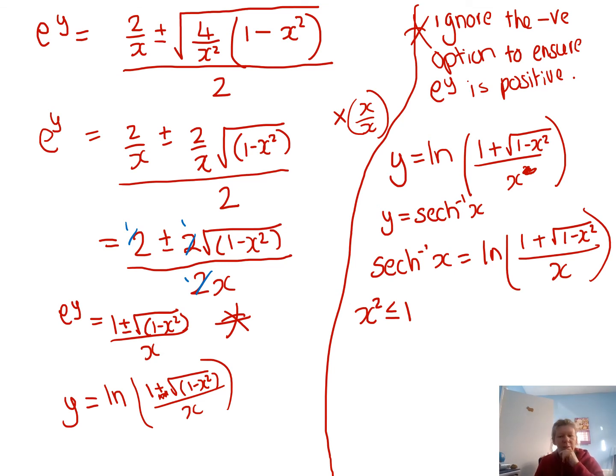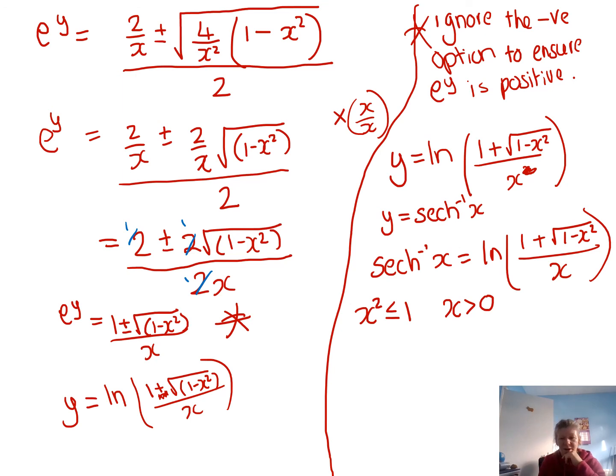What else about the domain? Well, if you remember from the beginning, we said x must be greater than 0, didn't we, in the very first part? We weren't considering the other half of the graph because that wouldn't have an inverse. So we said x had to be greater than 0.